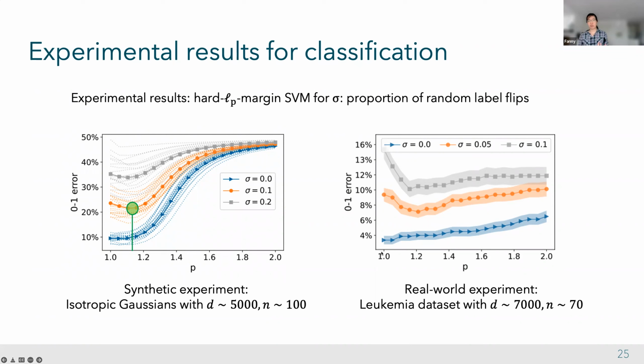But if we add artificial noise, 5% random label flips, then again you see the best p shifts towards 2. So this phenomenon seems to also hold in finite d settings, even though our results are for d very, very large, as I said in the beginning. And it also holds for real-world data sets to some extent.